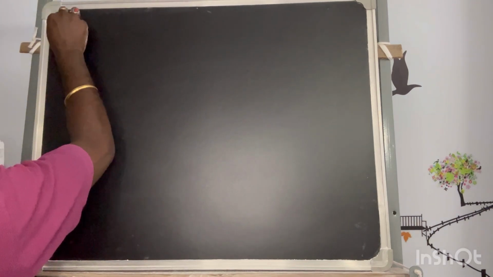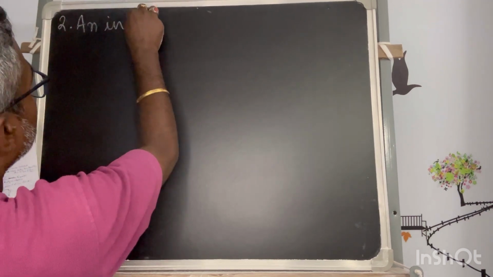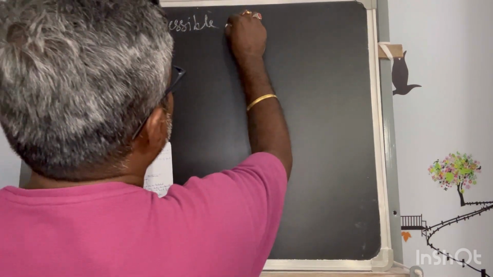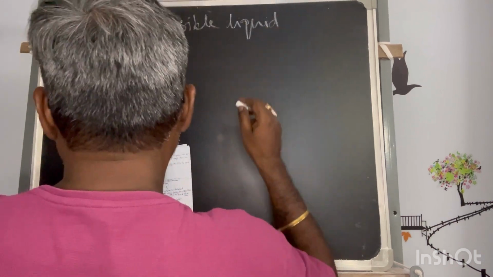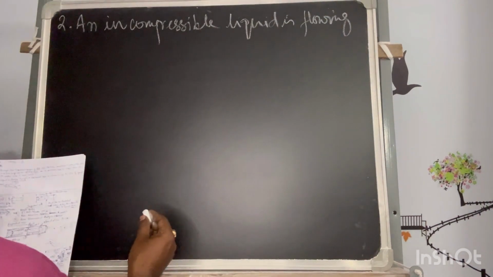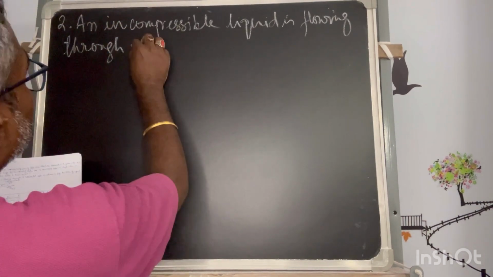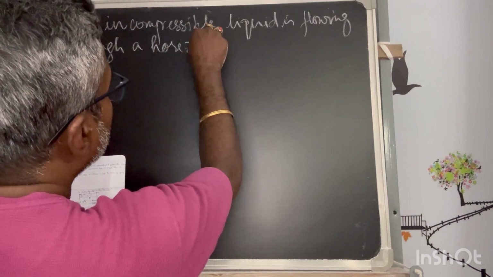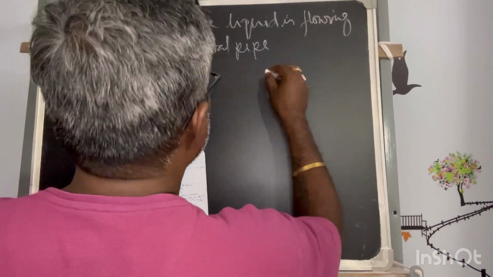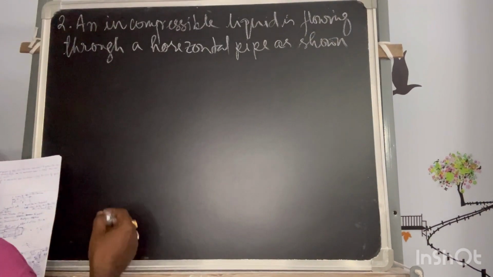Here it is saying, number 2, an incompressible liquid is flowing through a horizontal pipe as shown in figure.